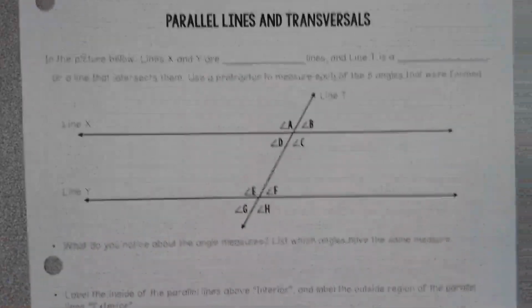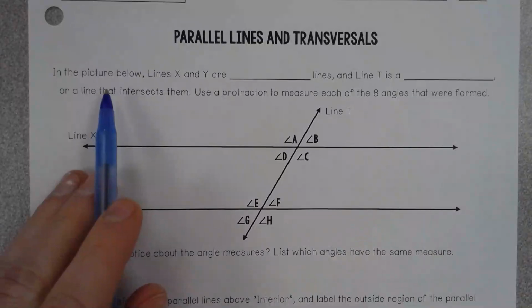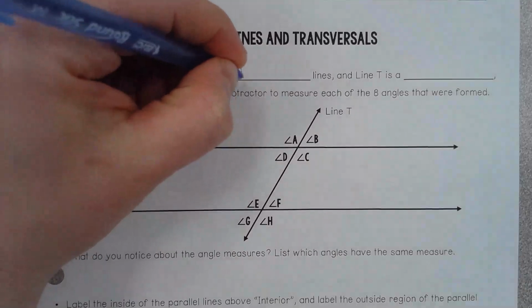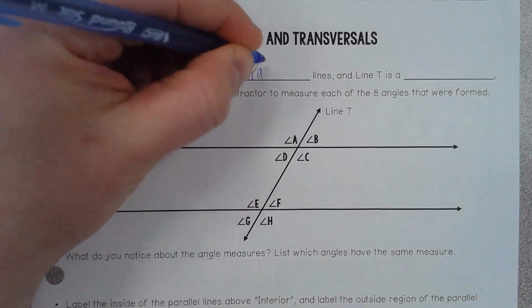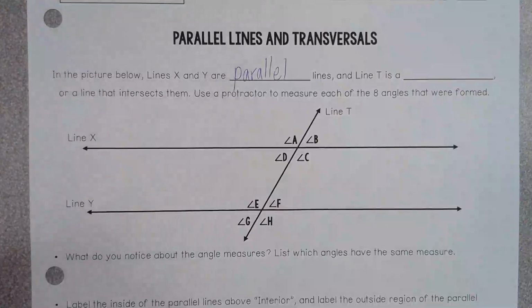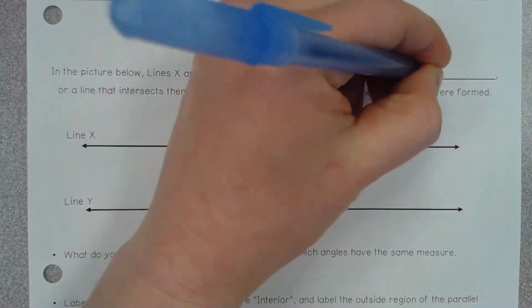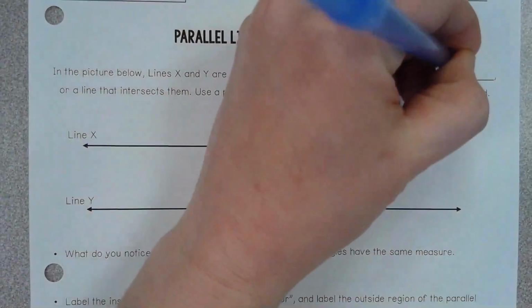So I want to take a look at this picture. First, it says in the picture below, lines X and Y are parallel. If they're not parallel, this is not going to work. And line T is called a transversal.